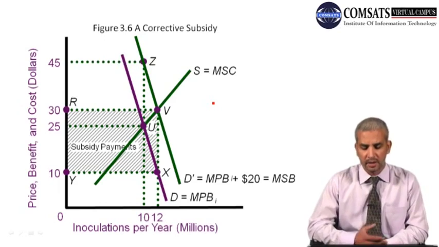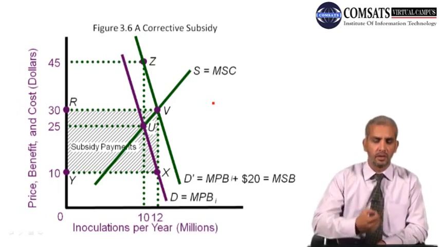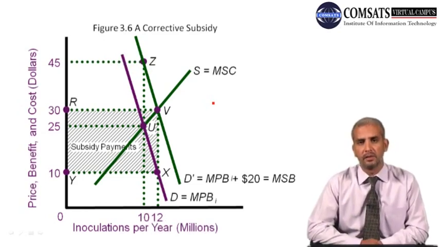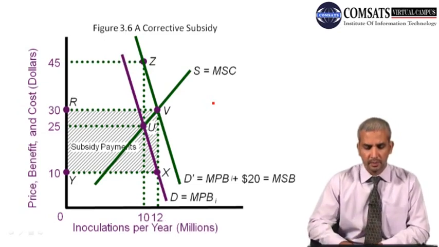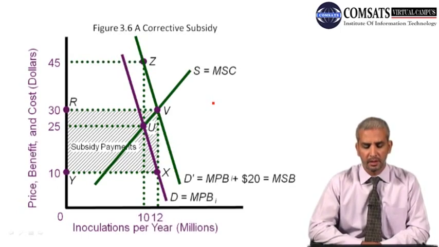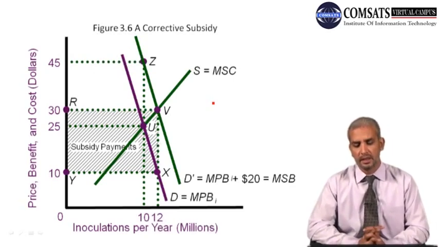The whole point of this is that the positive externality, the external benefit to individuals, can also be internalized by using a subsidy. In this case it was $20, and that $20, when added to marginal private benefits, increased the demand curve towards the right.